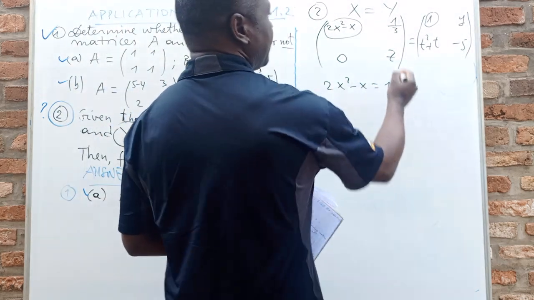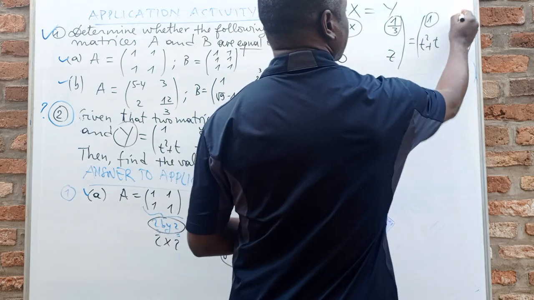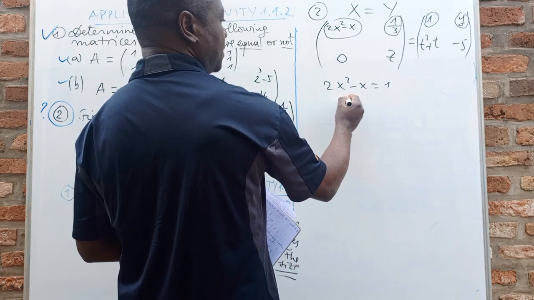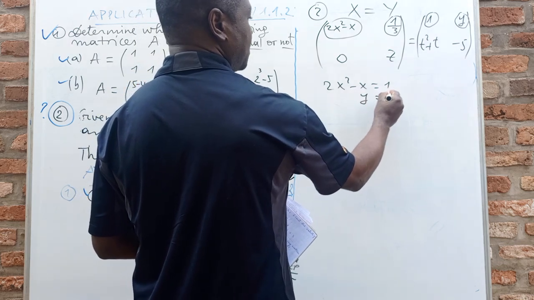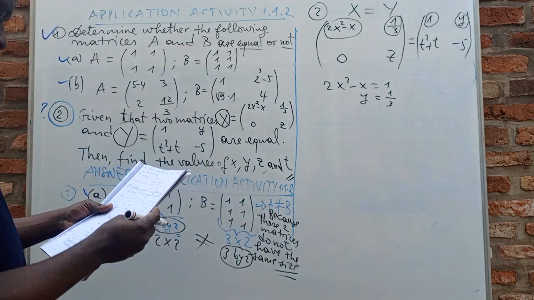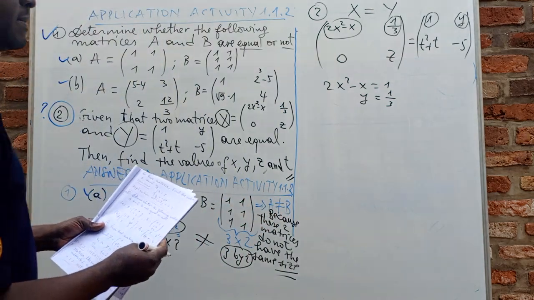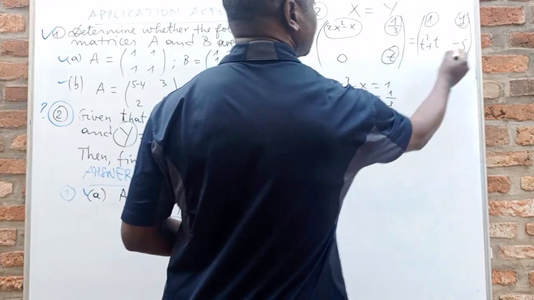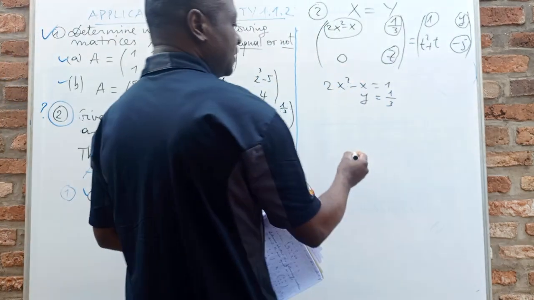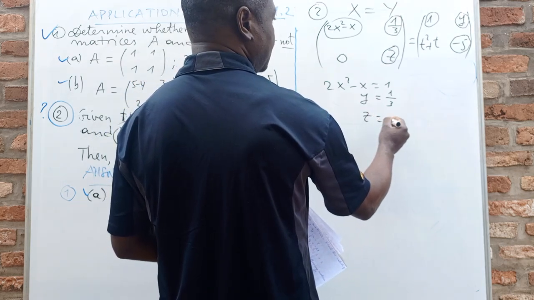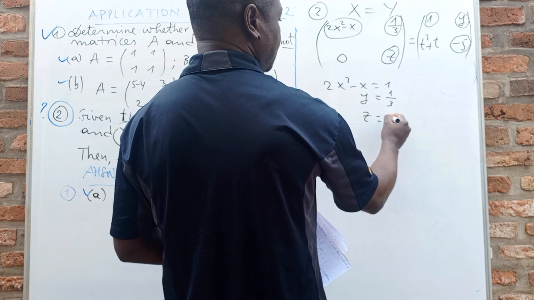Likewise, y is equal to 1 over 3, and z is equal to negative 5.